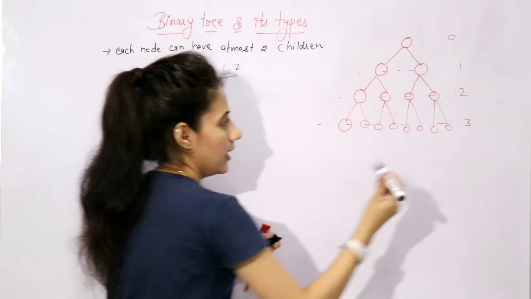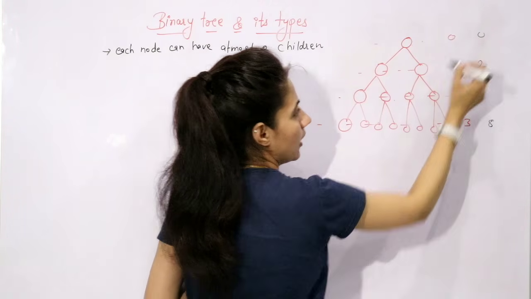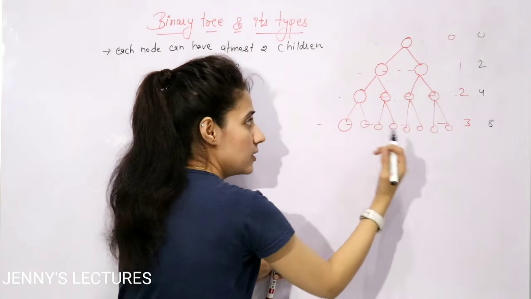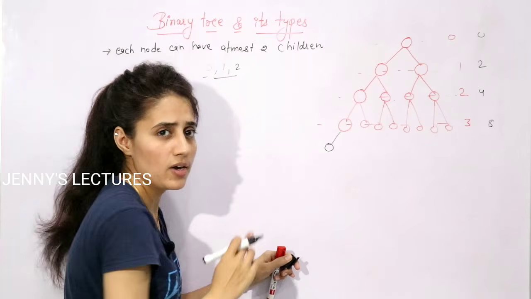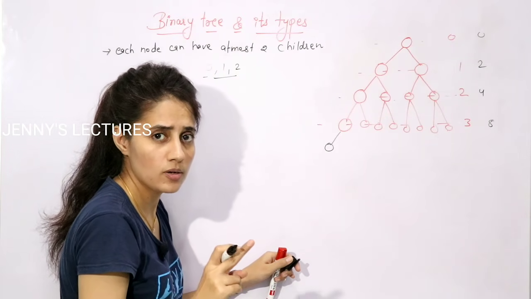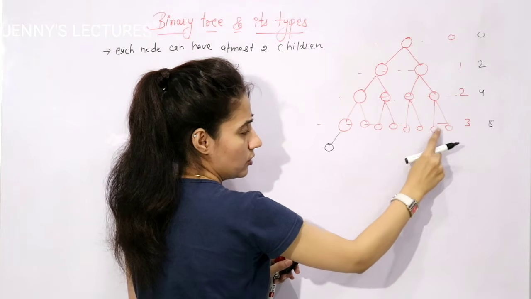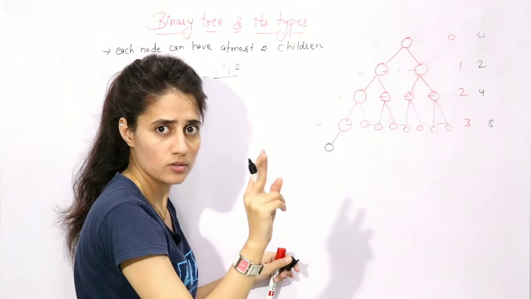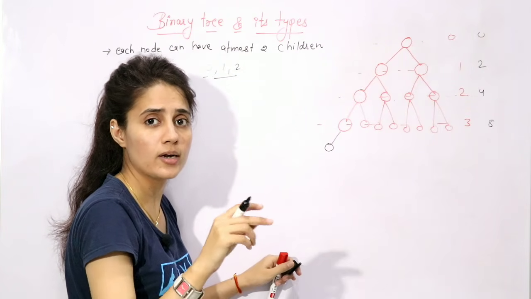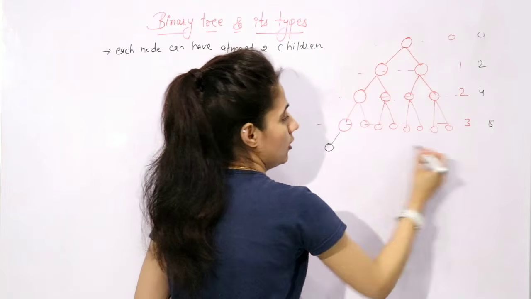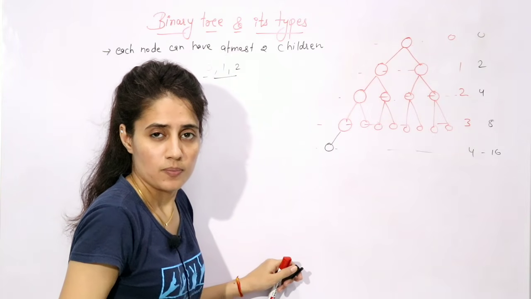So here 8 can be possible, here 4 maximum, here 2, here we can have 1. Simply the same, if I increase one level more, then at this level, each node at level 3 will have 2 children. So here I have 8 nodes, so 8 into 2, that is 16 can be possible. So at level 4, 16 maximum nodes can be possible, right?